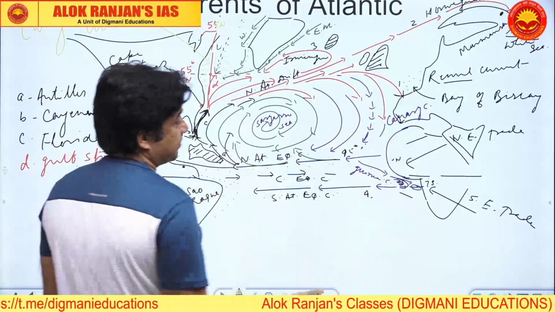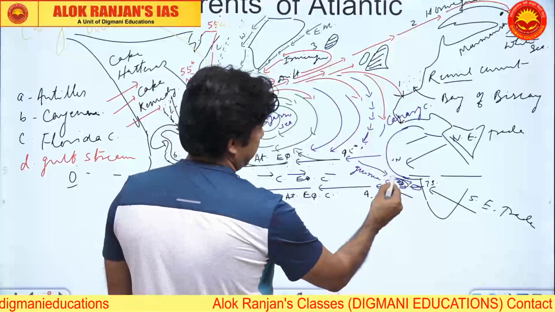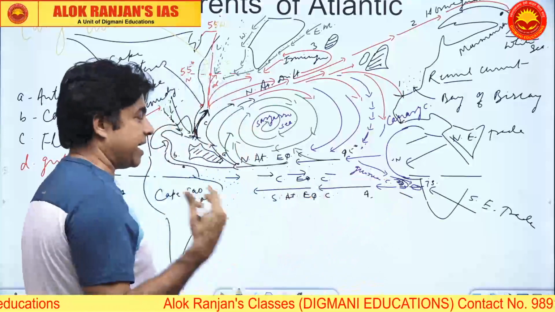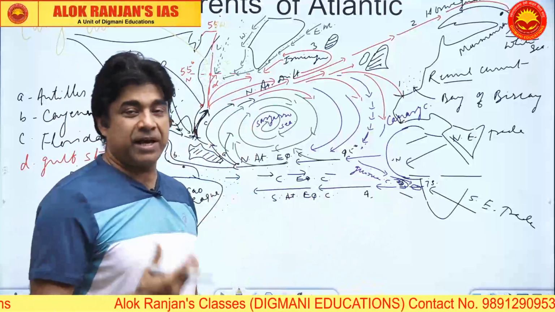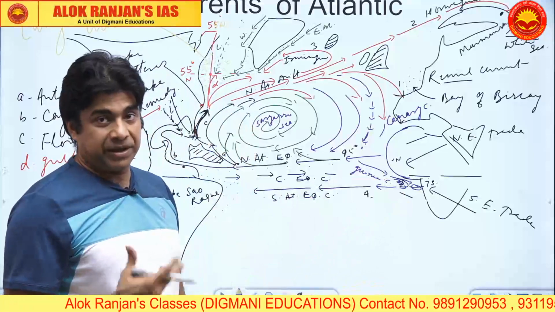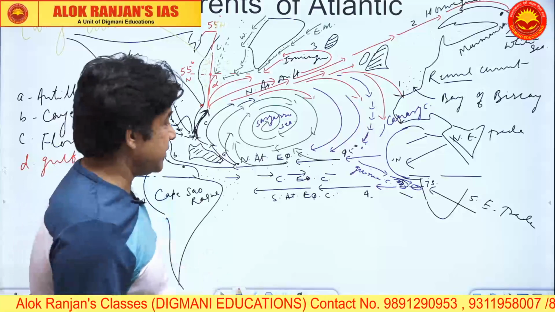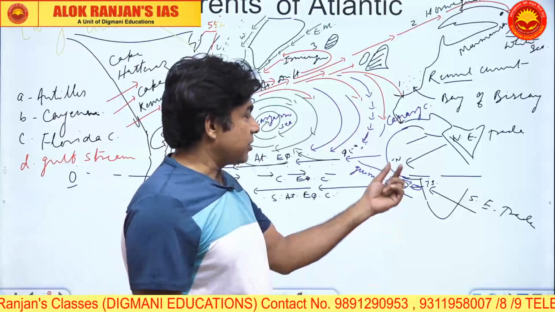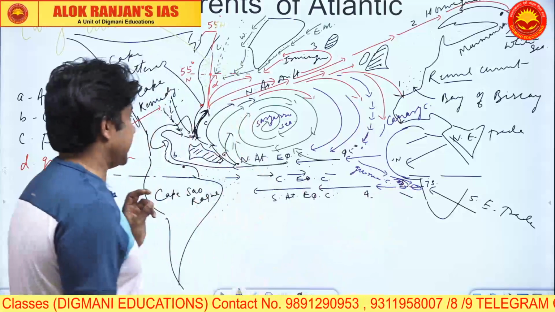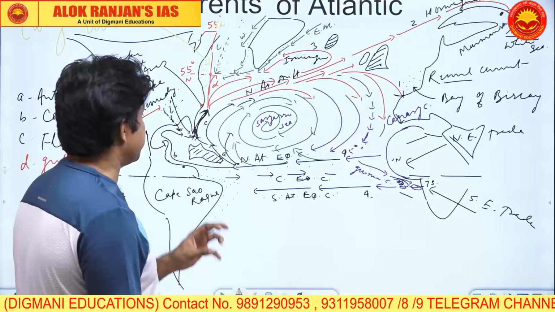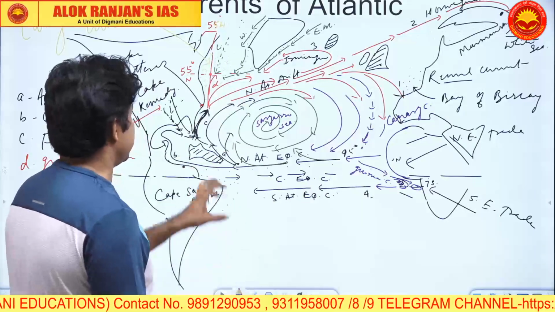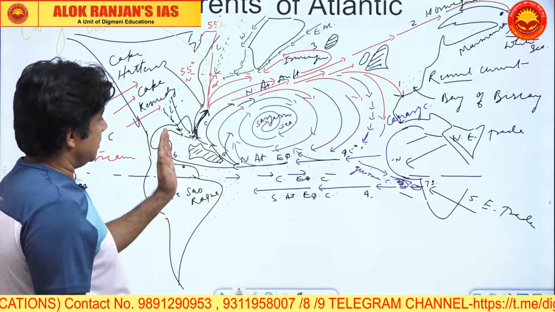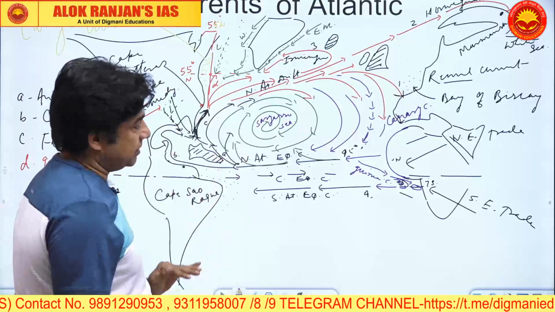Now, because there is a warm current here, the Guinea coast region can have tornadoes and tropical cyclones. It is an exception to the rule, because tropical cyclones generally originate in the tropical ocean towards the eastern margin of the continents.